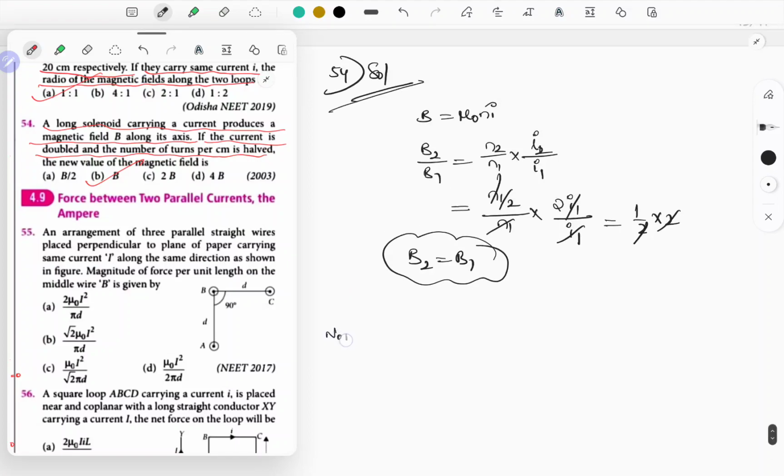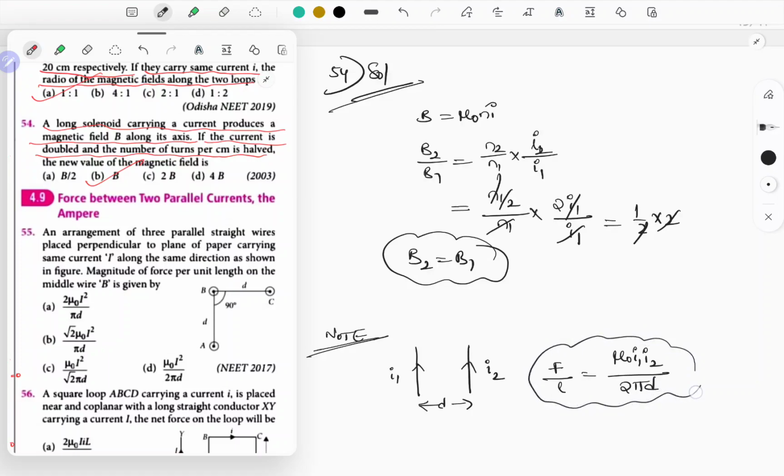First of all, let me give you a formula for force between two current carrying conductors, let's say I1 and I2, separated by some distance d. The formula for force per unit length is mu naught into I1 I2 divided by 2 pi d.